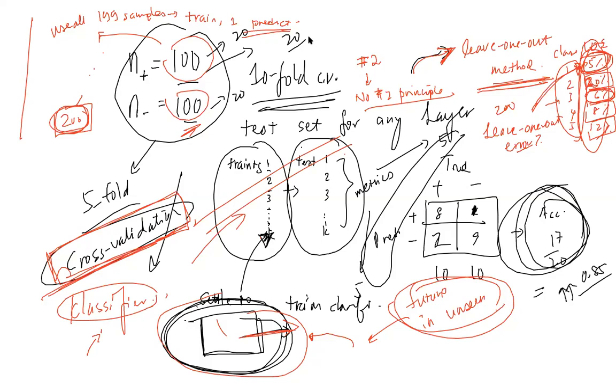For some kinds of data sets, you could test out this number 2 principle. There's one way to do it, though it depends on an assumption.